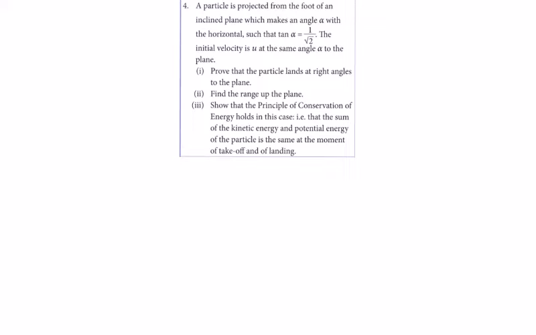In question 4, we have a particle projected from the foot of an inclined plane, which makes an angle alpha with the horizontal. Here's my inclined plane and my angle alpha, such that tan alpha is equal to 1 over root 2.